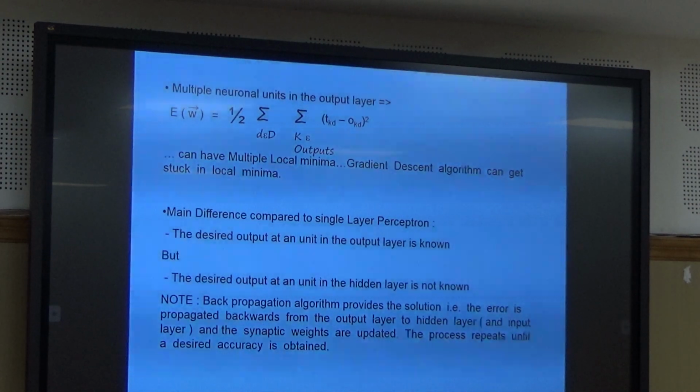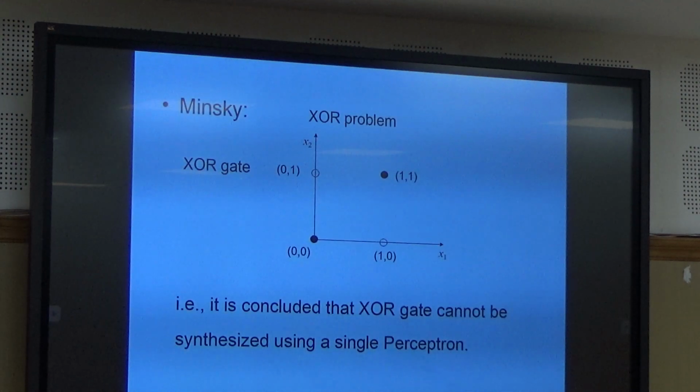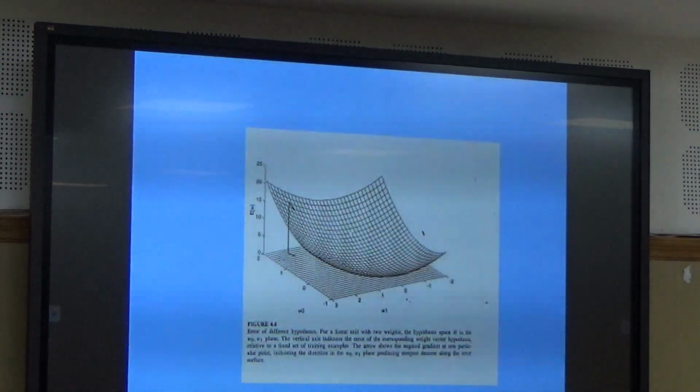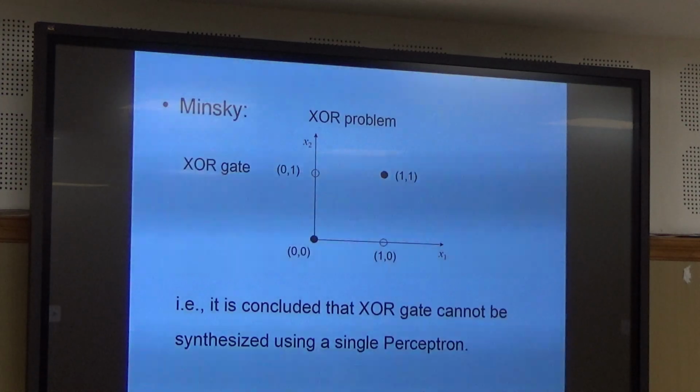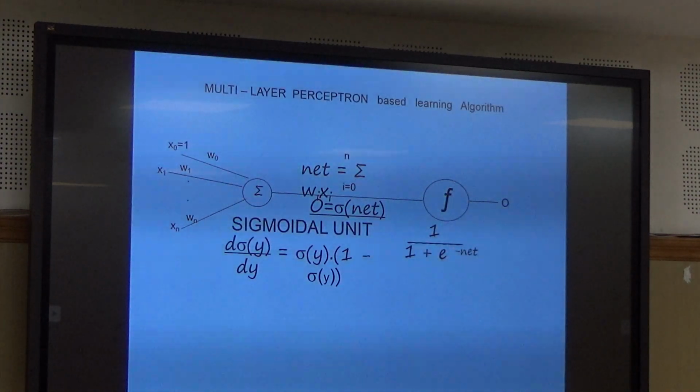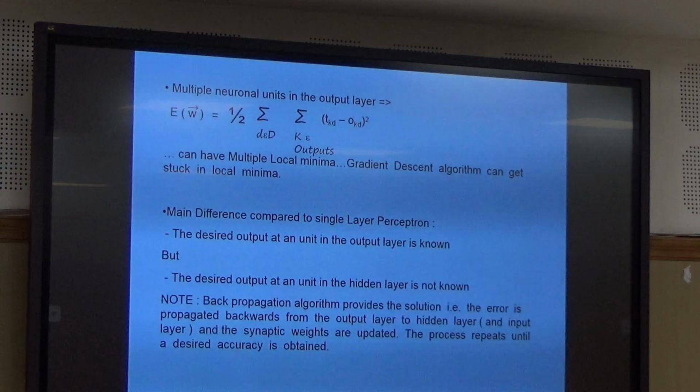If you look at the diagram, the error function has a single local minima, which is also the global minima. But when the number of neurons increases, the error function will not be convex, it will have multiple local minima. So the gradient descent algorithm can get stuck in a local minimum.